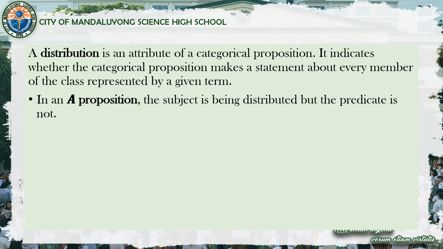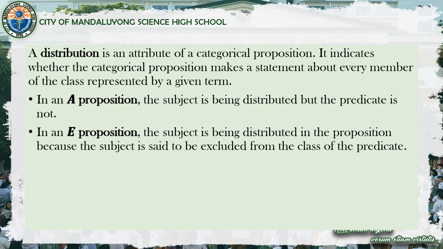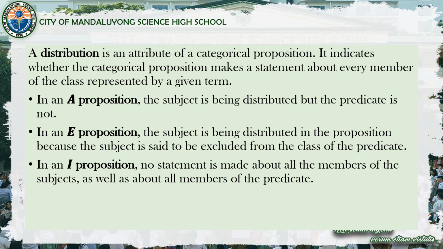So, in an A proposition, the subject is being distributed but the predicate is not. In an E proposition, the subject is being distributed because the subject is said to be excluded from the class of the predicate. And then for the I proposition, no statement is made about all the members of the subject as well as about all the members of the predicate.